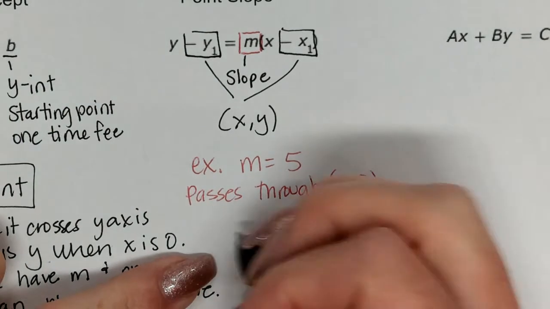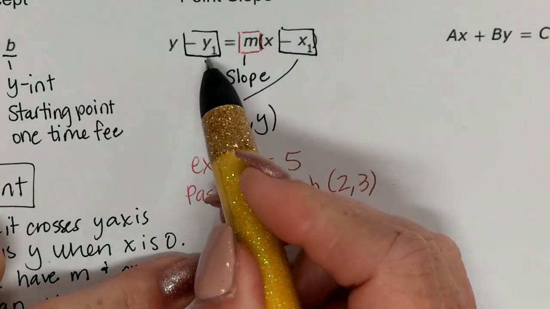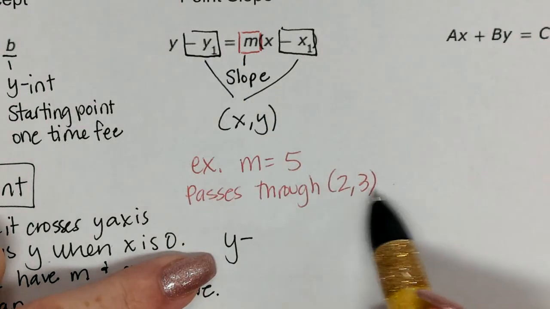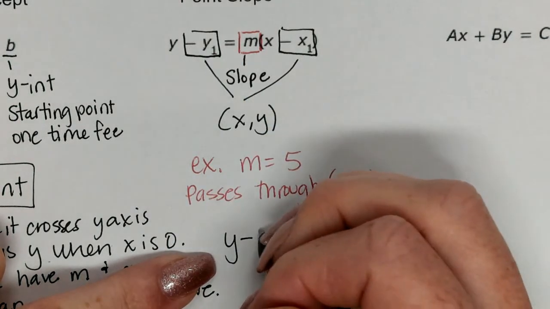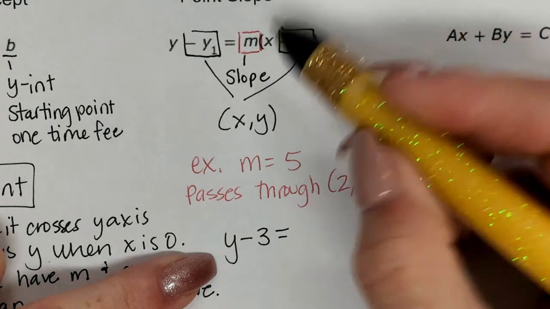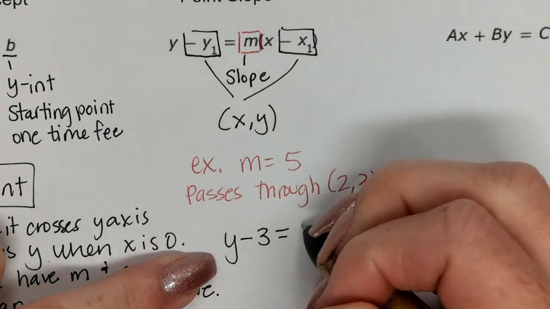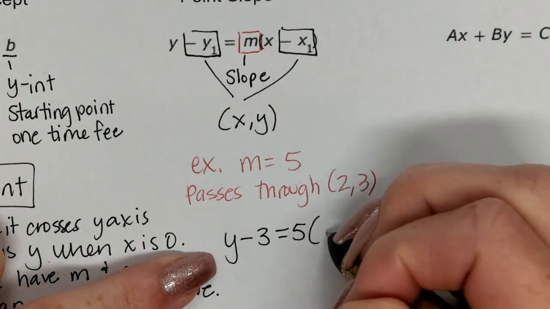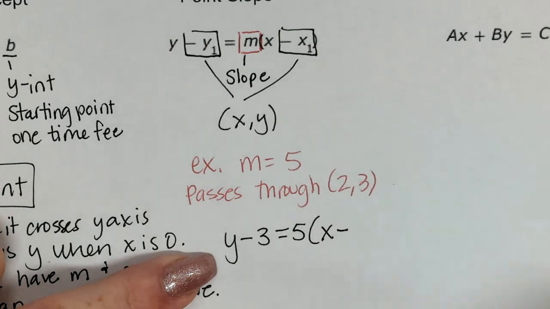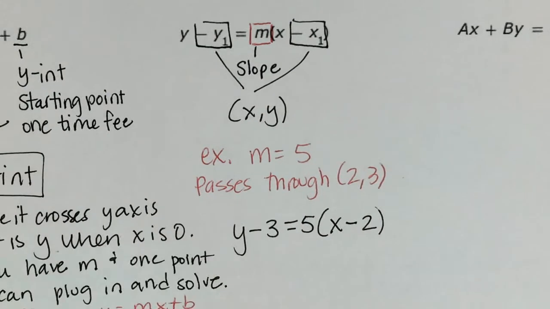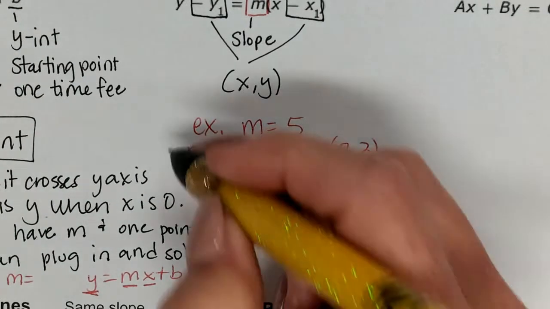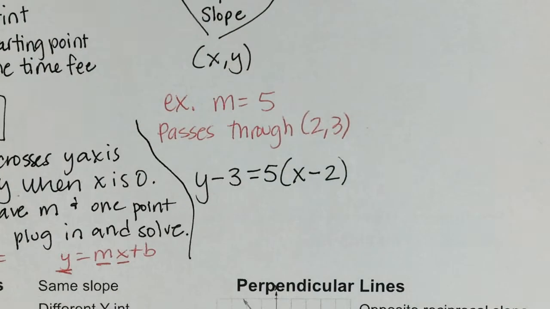So I would say y minus the y value. Well, what is the y value? 3. Equals, what would come next? 5, the slope, 5, open parentheses, x minus the x value, 2. And that is a correct equation in point slope form.